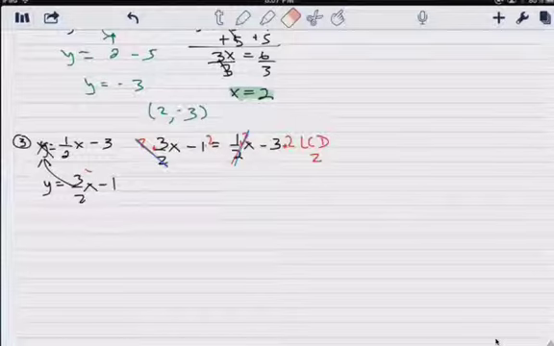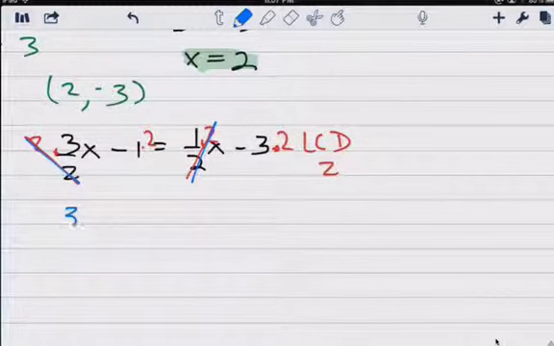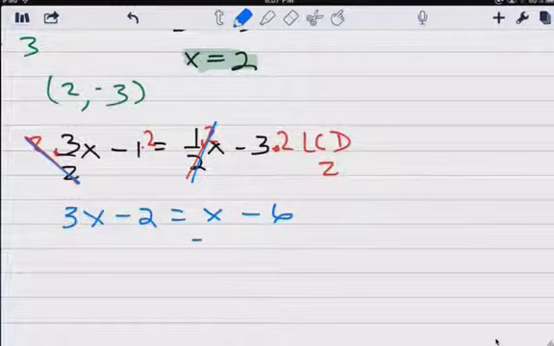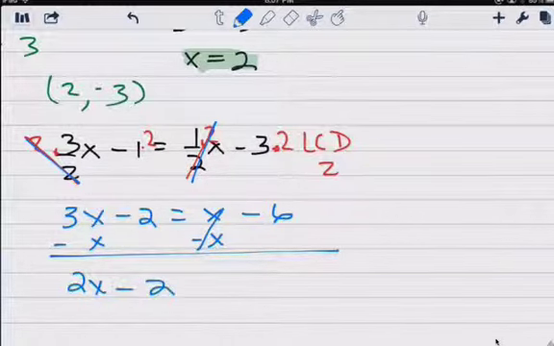Least common denominator is 2, so I multiply everything by 2. That gives me 3x minus 2 equals x minus 6. I subtract an x from both sides. I get 2x minus 2 equals negative 6.